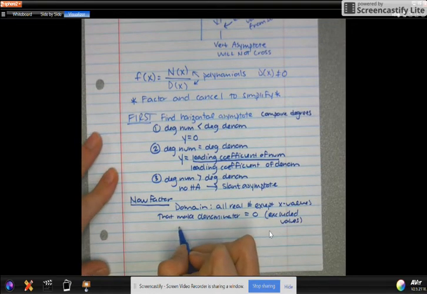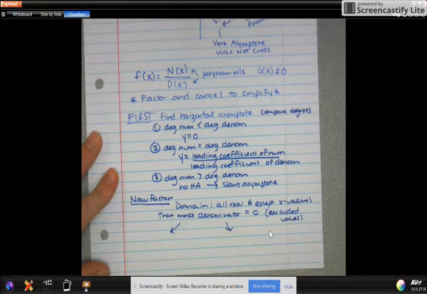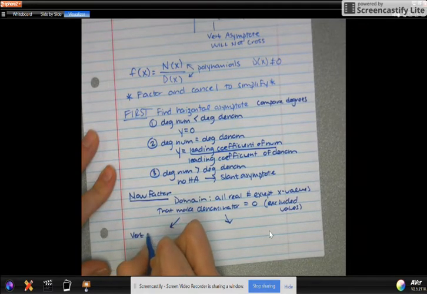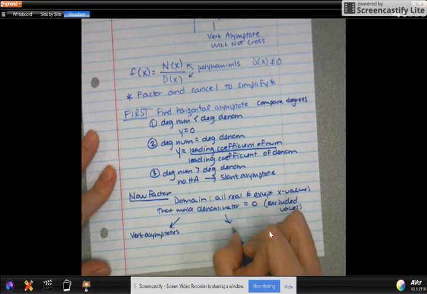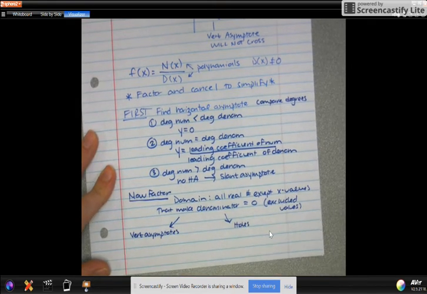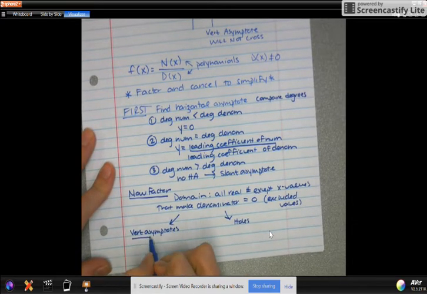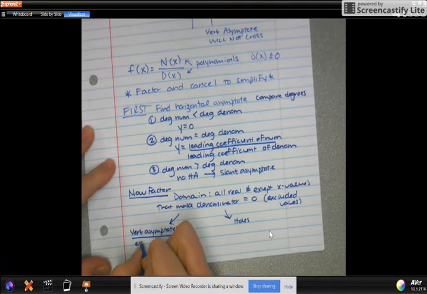So once you identify the excluded values by factoring, those excluded values are either going to be vertical asymptotes or holes. So vertical asymptotes are the excluded values that don't cancel out.